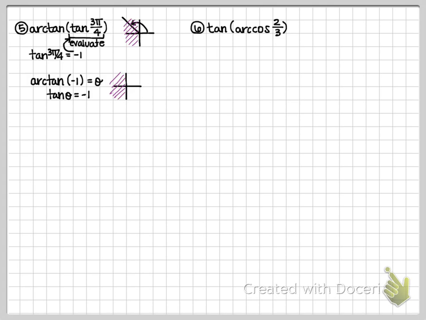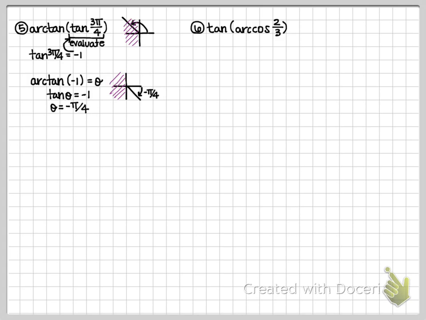I can't be over there. Out of the two quadrants that are remaining, tangent is going to be negative down here. That is the theta that I'm looking for. I think that is going to be negative pi over 4. So theta is going to be equal to negative pi over 4.